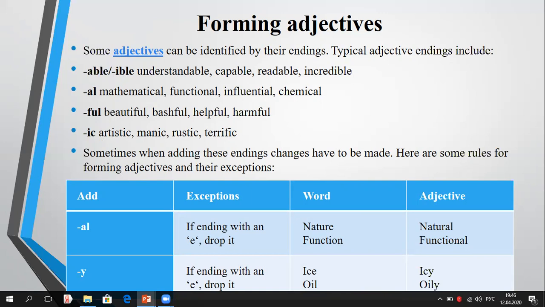The next words, nature, function, then adjective, natural, functional. If ending with an e, drop it. For example, word ice, adjective, icy. The letter is dropped. Oil, oily.